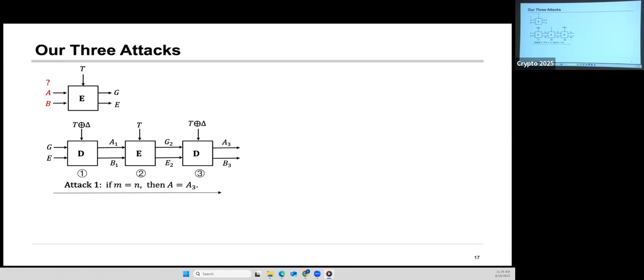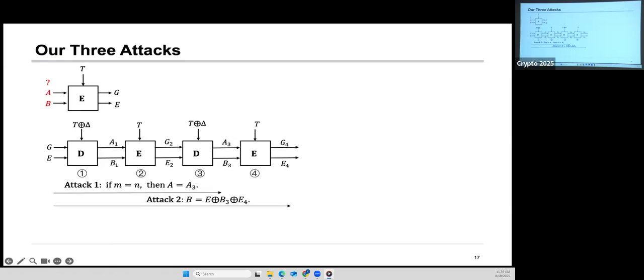Next, let's move on to our 3 main attacks. They all follow a similar pattern, alternating between decryption and encryption queries, each time using a different tweak. The first query uses the tweak T XOR data. Next is T, and the third one is T XOR data.